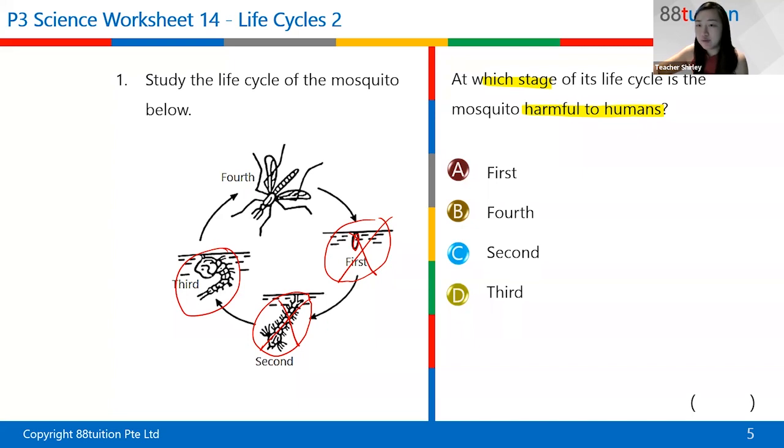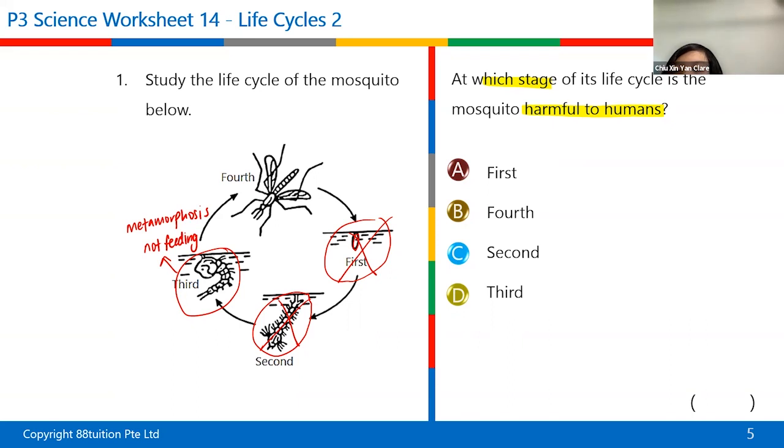Okay. What about the pupa stage? Claire, is it harmful? I think a bit. How is it a bit? Does it bite humans? In fact, the pupa stage does not feed. It's quite comfortable. It's undergoing this term called metamorphosis.